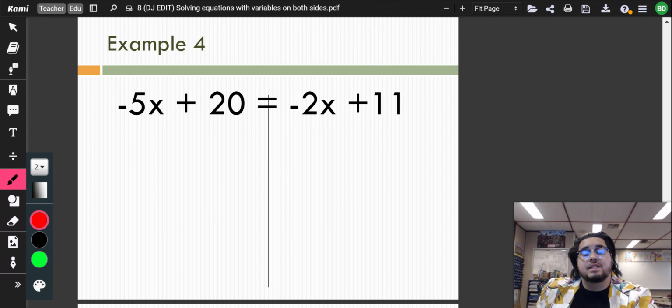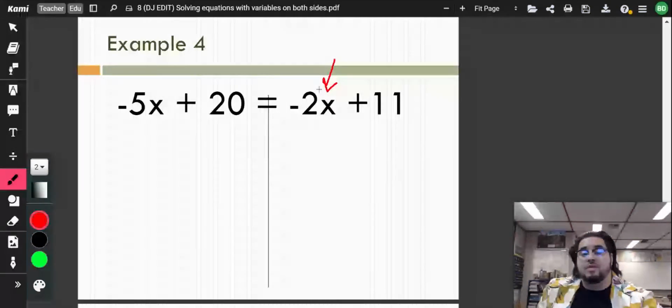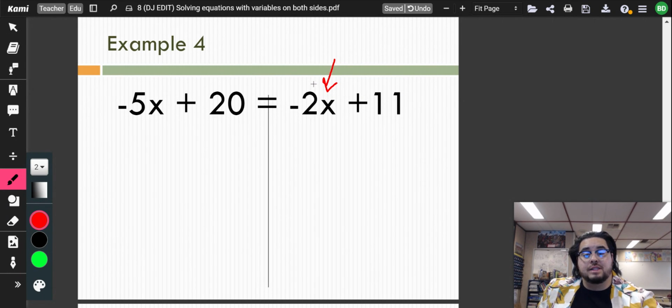So what I need to do is move my variables towards the one that's closest to being positive. Because negative 2 is closer to 0, this is the value that is closer to being positive. So we are going to let negative 2x stay, but the negative 5x is going to have to move.